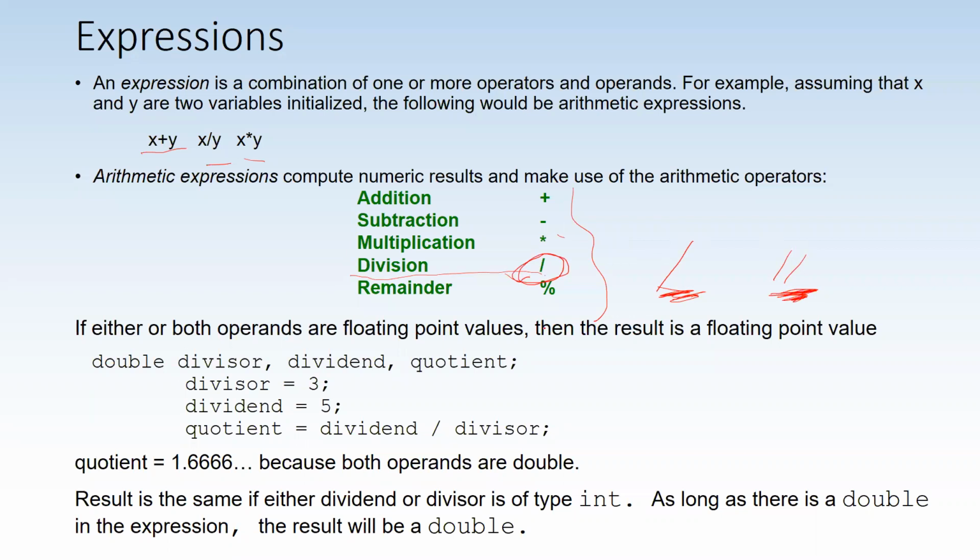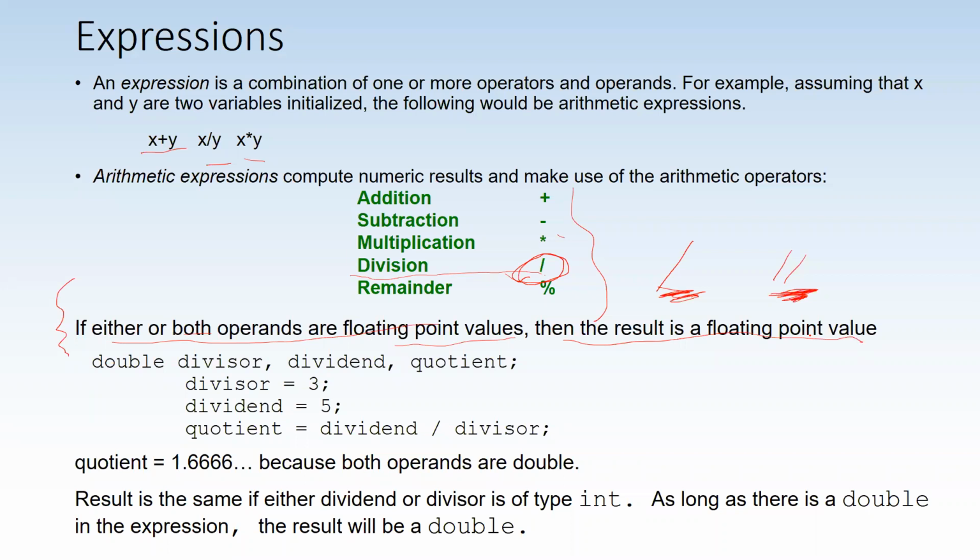So let's look at this. This is the rule, very important. You will definitely have 3 questions about this. Your quiz is mostly things that are different from Python, really. If either or both operands are floating point values, then the result is a floating point value.